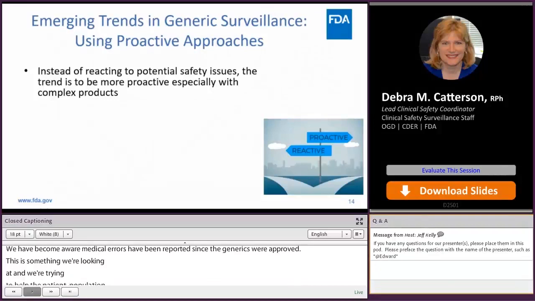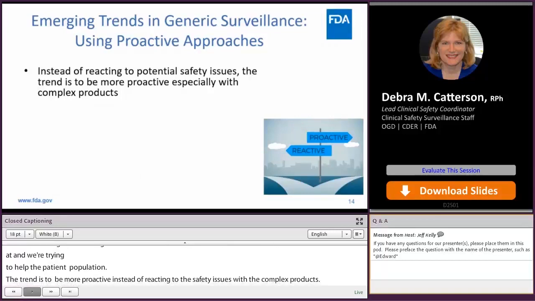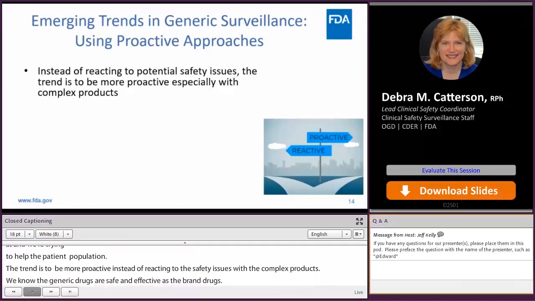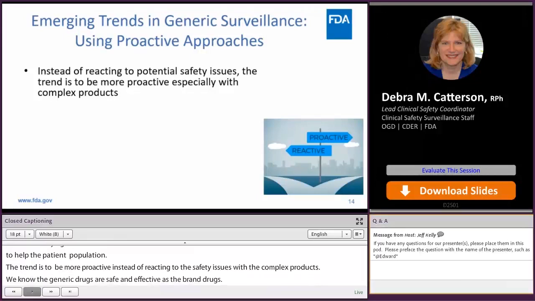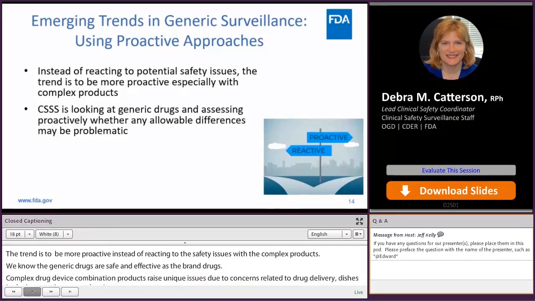We know that generic drugs are as safe and effective as the brand drugs. Complex drug-device combination products raise unique issues due to concerns related to drug delivery, differences in device constituents, and potential for confusion at the patient-user interface. So the CSSS is looking at generic drugs and their differences, and we are trying to anticipate problems.